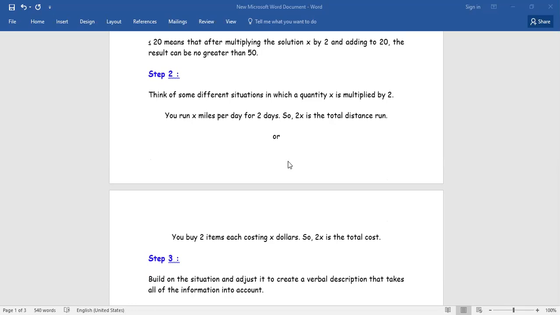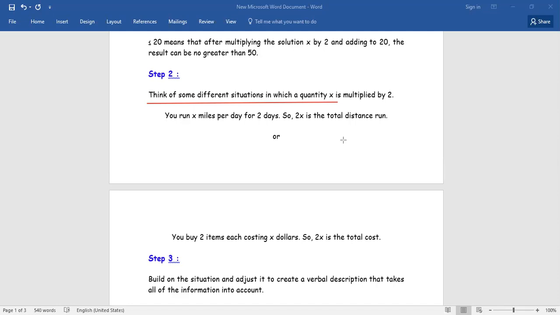Then what is the second step, grade 7? The second step is to think of some different situations for the quantity x. First, we analyze each part of the inequality mathematically.